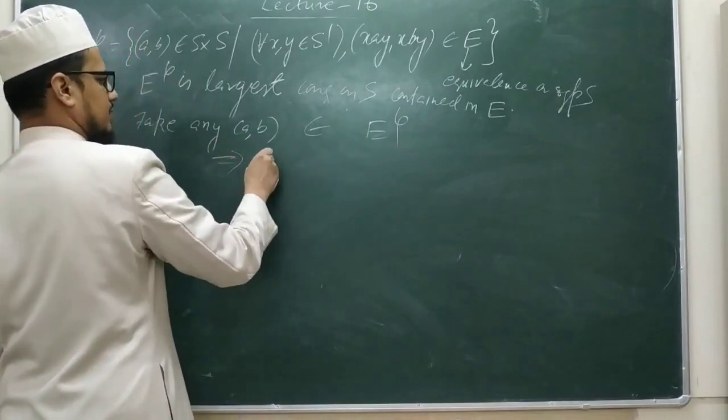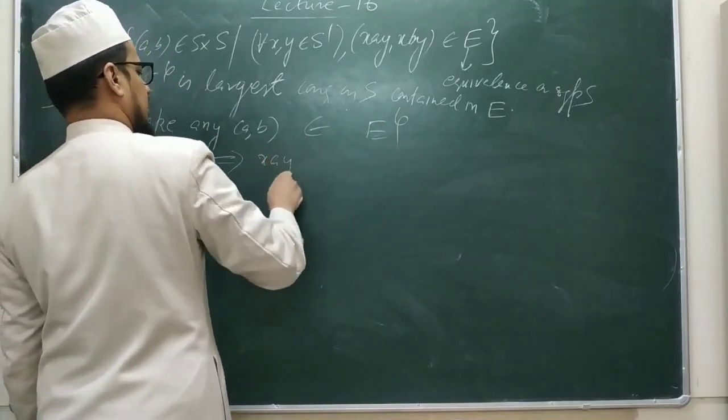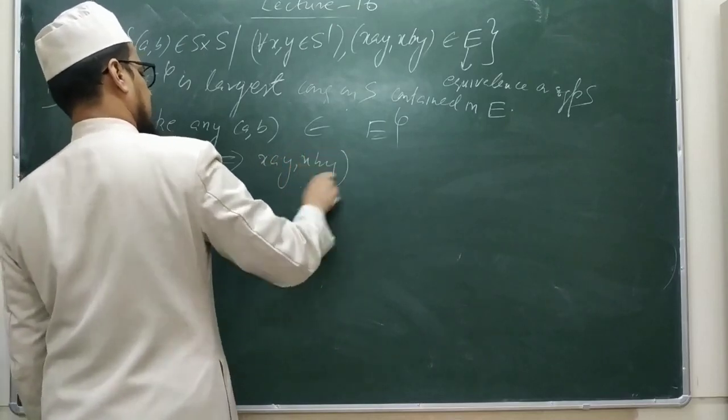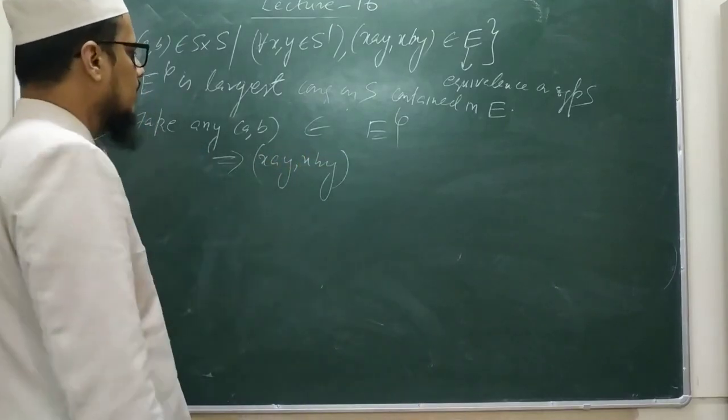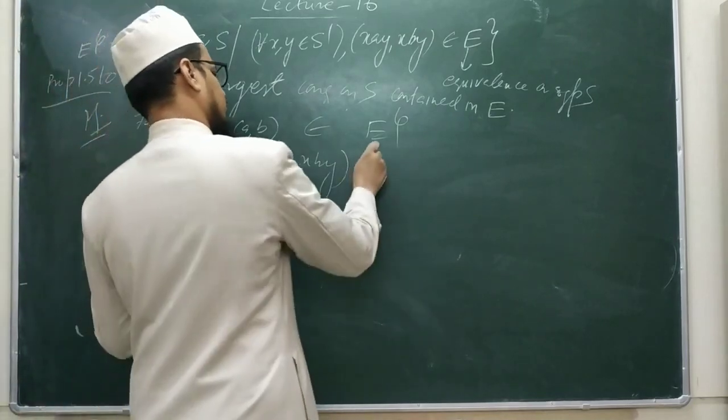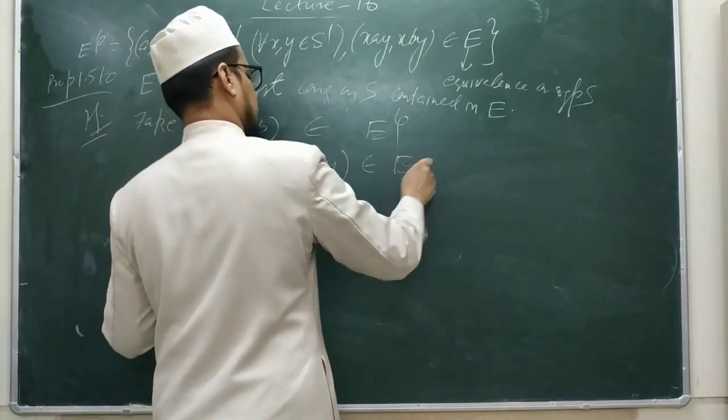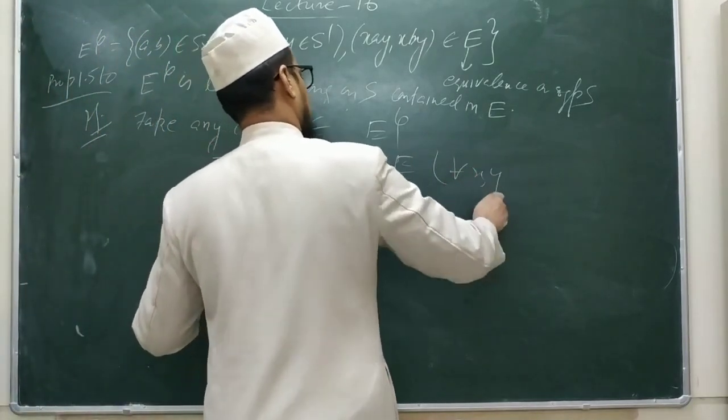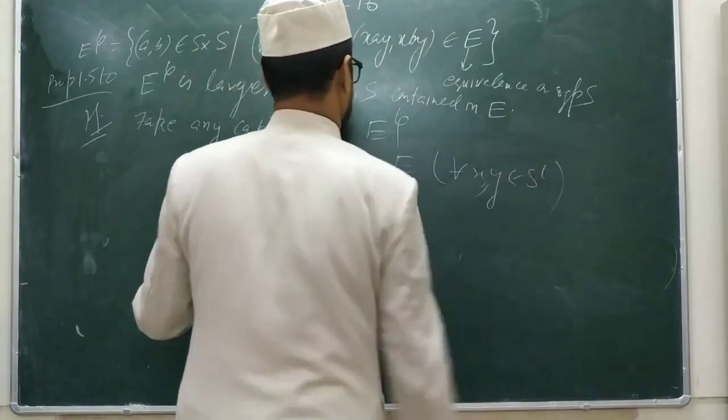It implies that XAY comma XBY belongs to E for every X, Y belonging to S1. Correct?